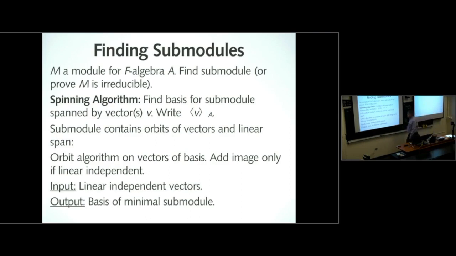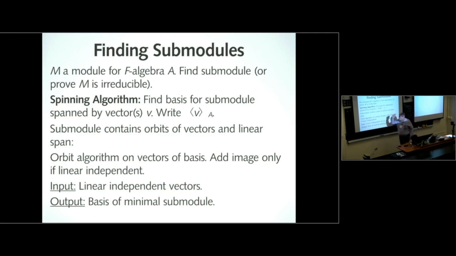So, what we do is we start an orbit algorithm, and we start with the vectors for a basis spanned by the vectors we have here. In the orbit algorithm we get images, but now we don't add every new image vector to the queue which we are processing. Before adding it to the queue, we check: is it in the linear span of what we have so far? Because if it's in the linear span, we don't need it.